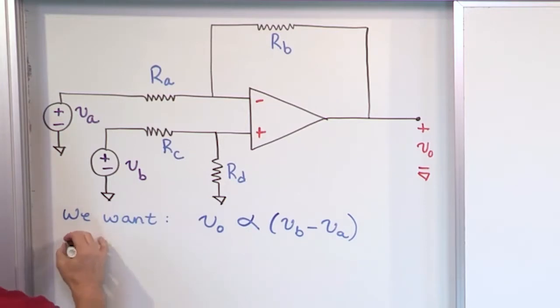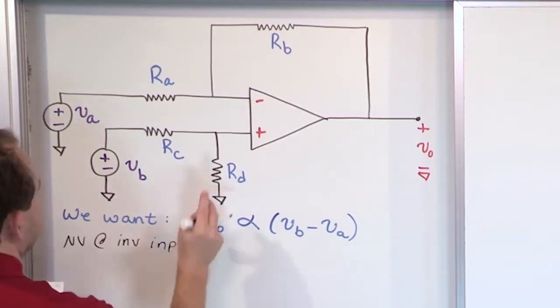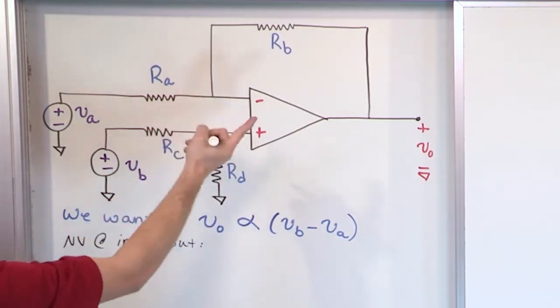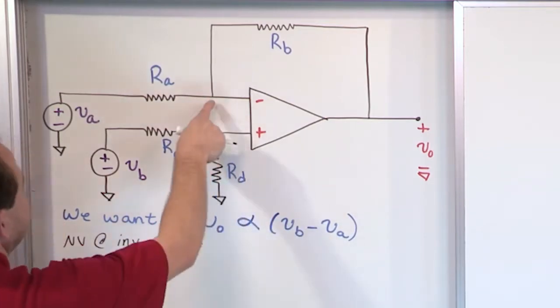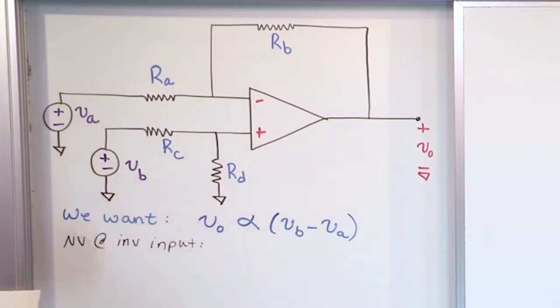So let's first do a node voltage at the inverting input, which is this one up here. We know that a node voltage is basically Kirchhoff's law in disguise. You're summing the current through this leg, through this leg, through this leg, and they have to sum equal to 0.